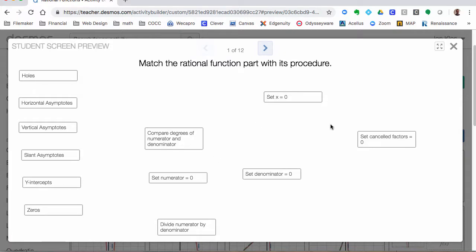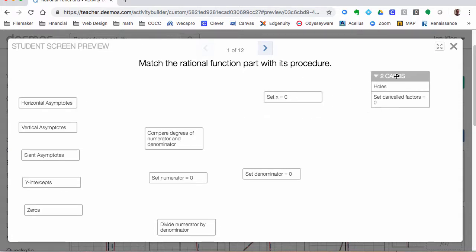And then you have 6 things left to figure out, well, which method do I use to find these things? So we know a hole is what happens when we have a canceled factor equal to 0. So a hole is going to happen when I set canceled factors equal to 0. So I've got a match there. You're going to do the same thing. Well, you'll have to think through a little bit. But there you go, vocabulary in the first slide.